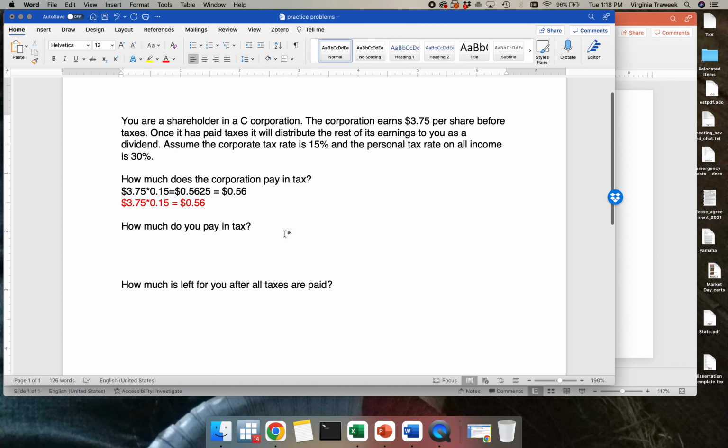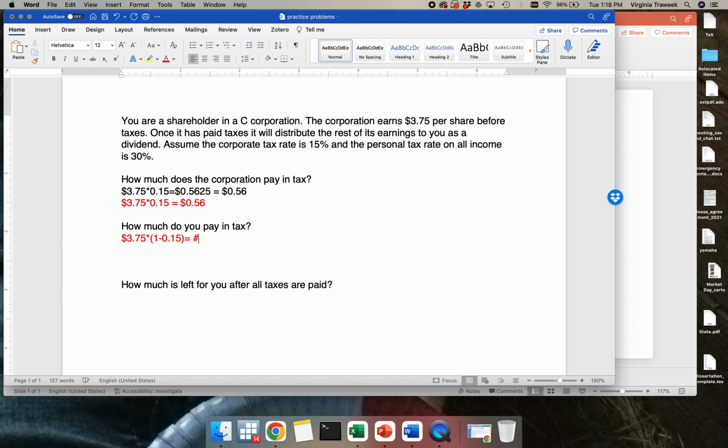Okay, how much do you pay in tax? Well, to do that, we first need to understand how much the dividend is. So the dividend is going to be $3.75 times, and you can put the little times thing there, you can just do the parentheses, 1 minus 0.15. So 1 minus 0.15 is what you keep, or what gets paid out as a dividend, because the 15% is paid to the government.